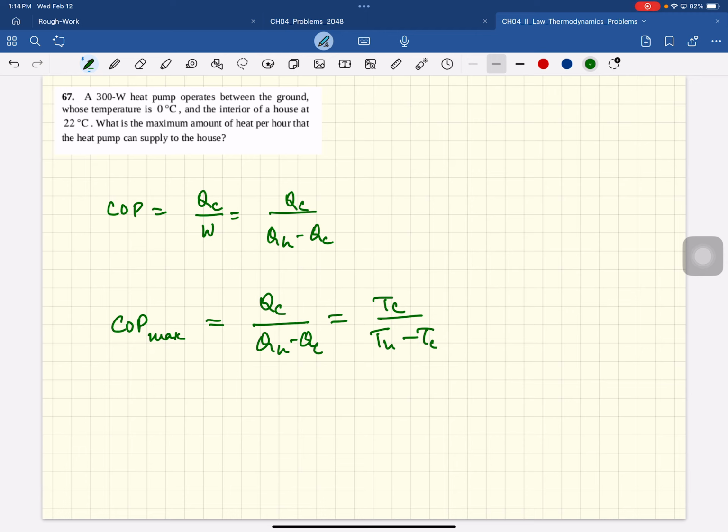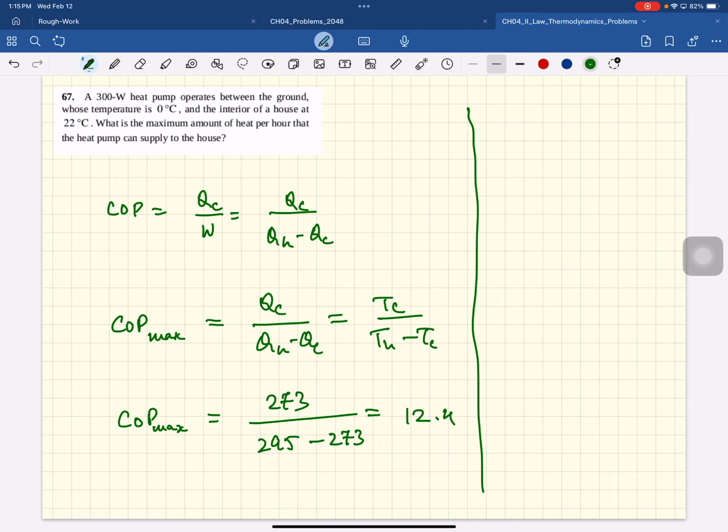So COP max is TC, 0 degrees Celsius, 273 Kelvin, over TH, 295 Kelvin, minus 273 Kelvin. So the maximum COP is 12.4.